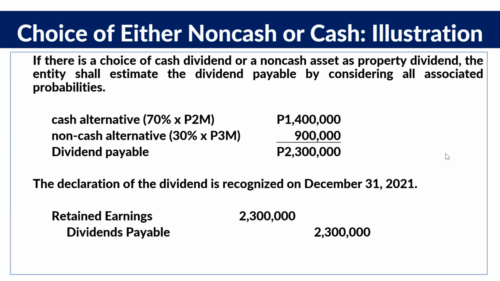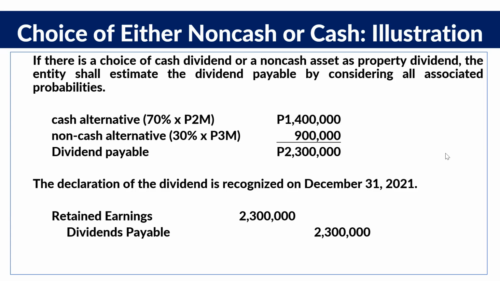So we recognize dividends payable of 2.3 million, which is actually composed of two components: a cash dividend payable and a property dividend component. But when you record it on the date of declaration, you just combine them. Debit retained earnings at 2.3, credit dividends payable at 2.3.